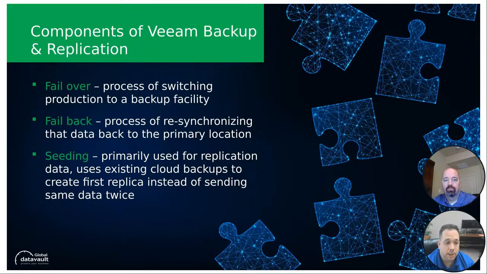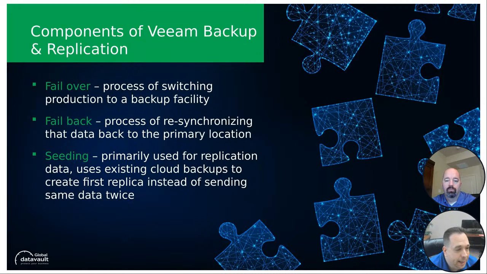What that does is it powers on the replica on the global data vault side, and it'll power on an NEA, which is a network extension appliance, on the GDV side, and then it will establish a VPN tunnel. Once that tunnel is established, the server will be up and completely communicate from the global data vault side back to the servers in the customer's infrastructure.